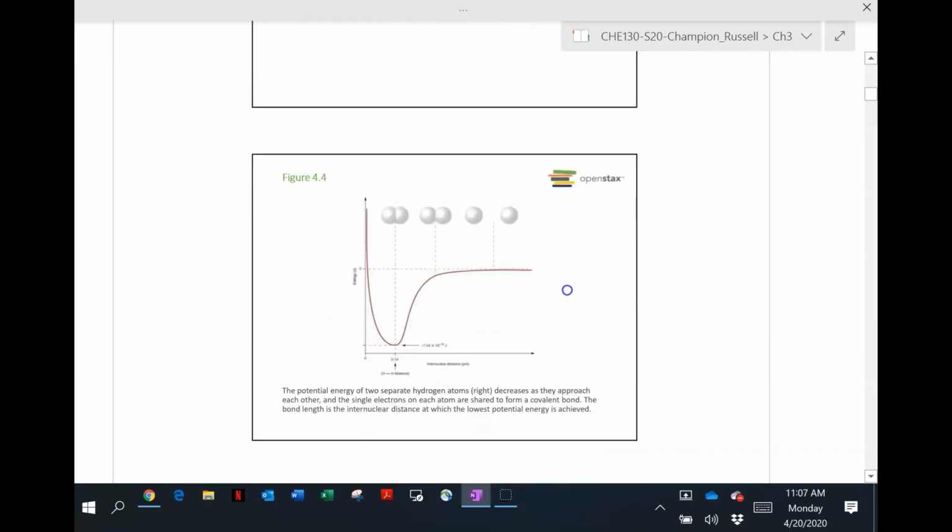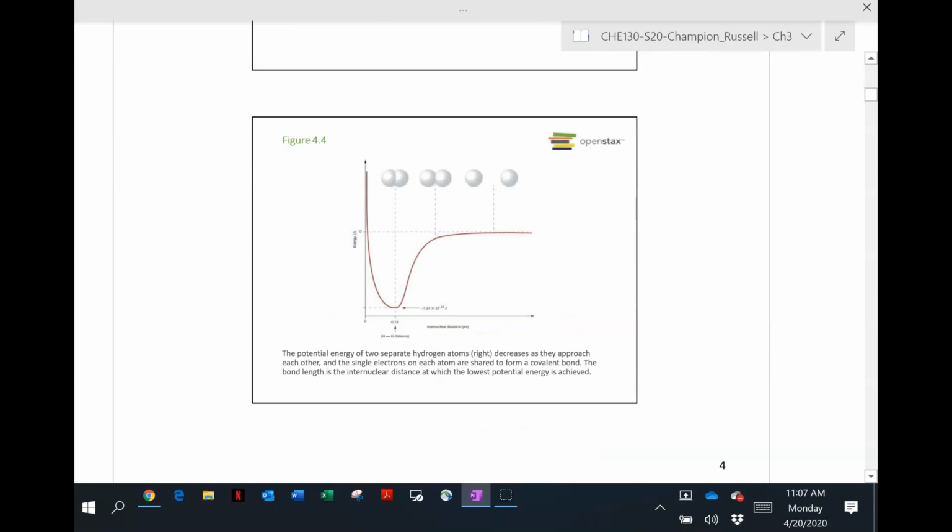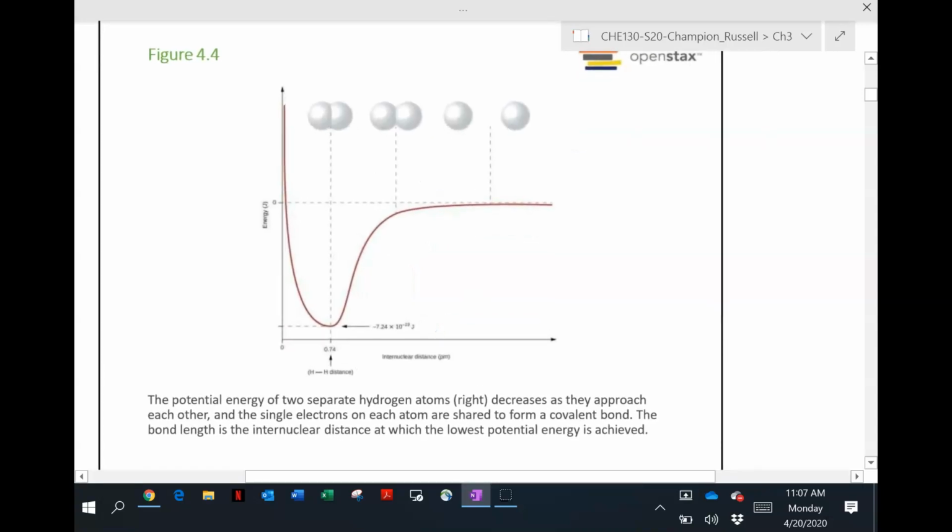So figure 4.4 here is one that I really like. This is a graph of the energy. Here, let me blow it up a little bit so we can see a little bit better. So the y-axis here is energy. And this line right here is 0, which means that there's neither favorable or unfavorable interaction between these two atoms that you see up on the top.